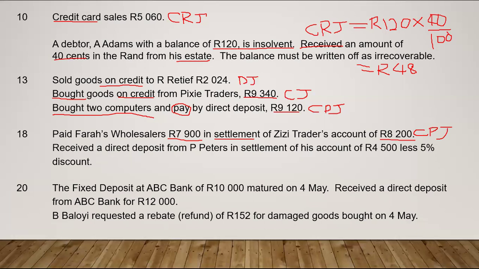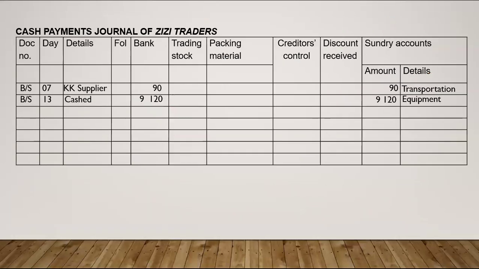Now, let's record it. In the CPJ, I'm going to have BS. And the day will have 22. We paid Farah. Was it not Farah?